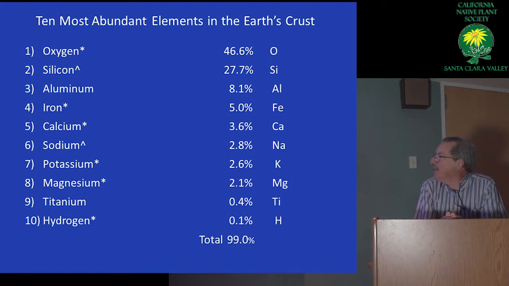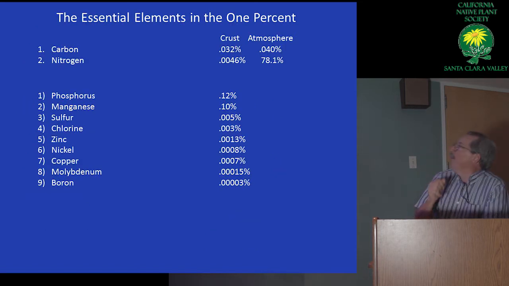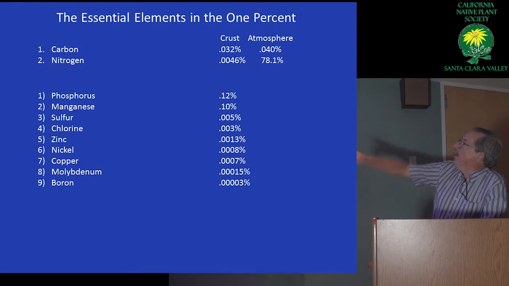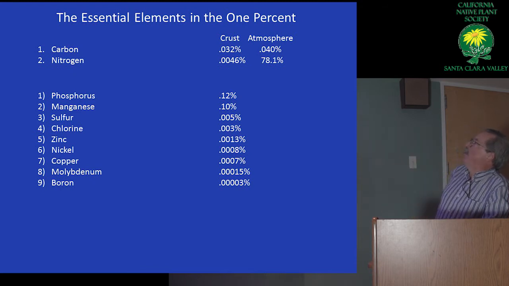So where are the other ones? Well, nitrogen is almost entirely in the atmosphere. You look at the crust and it's 0.004% of the crust, but it's 78.1% of our atmosphere. You notice carbon wasn't in the top 10 either.